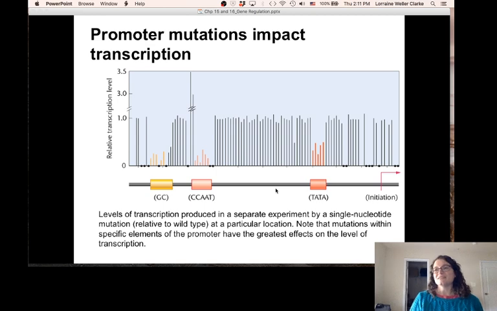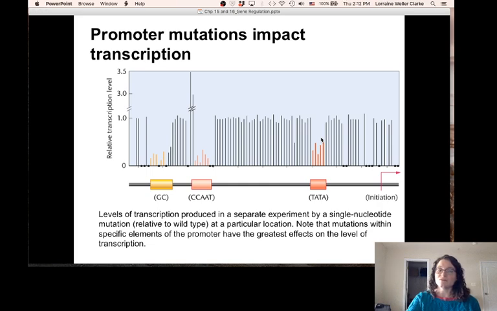So promoter mutations strongly impact transcription. Remember, we talked about this as part of cystic fibrosis, that the levels of transcription, if there is anything related to the promoters, either upstream of the TATA box, the specific promoters, or any of these boxes that would be identified by specific RNA polymerases, all of that affects transcription rates heavily, because if it can't be identified as a site for RNA polymerase to attach, then you have decreased transcription.